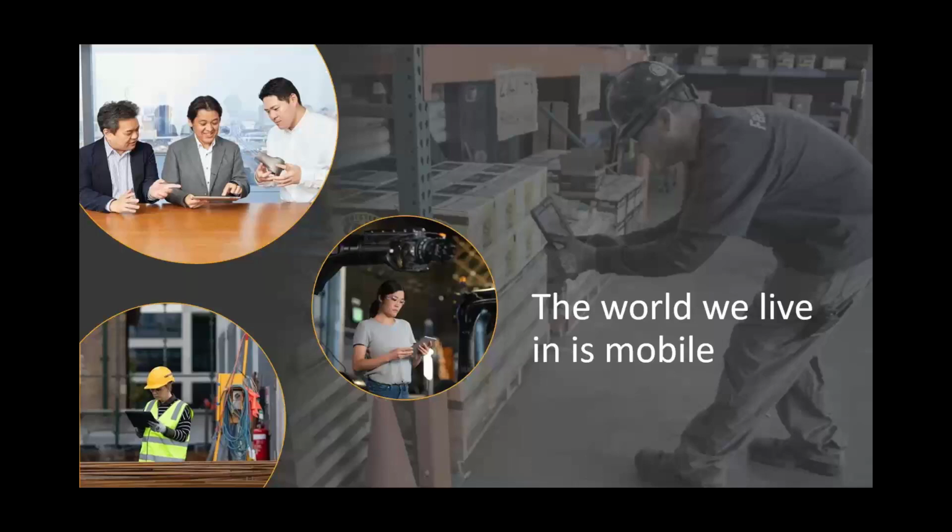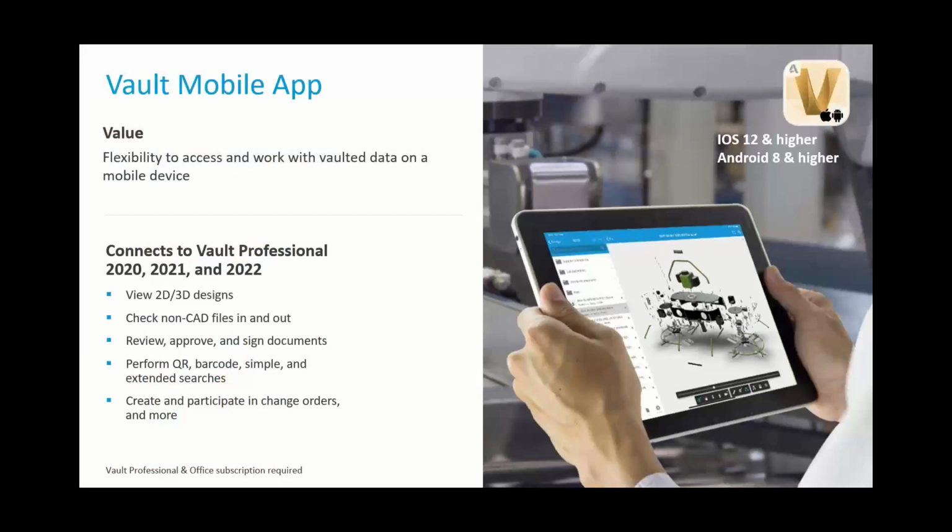Also, you may have seen, I believe this was one of the dot releases that introduced Vault Mobile. It's an app for iOS and Android. It can go on a tablet or a phone. It can connect into a Vault of 2020, 2021, or 2022. That gives us the ability to check in and check out non-CAD files.